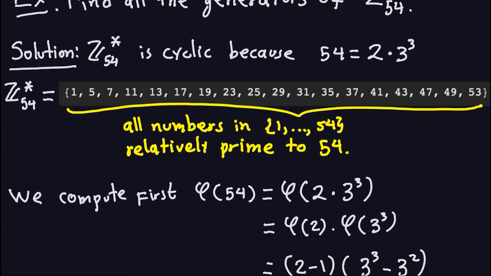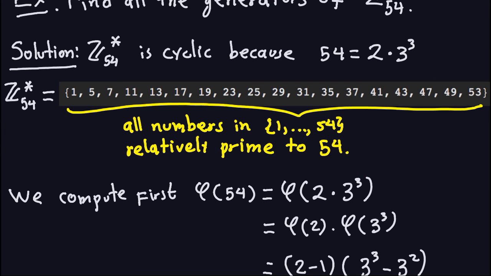So we're going to compute phi n, and in this case n is 54, so I'm going to have phi of 54. To compute phi n, which is the number of elements from 1 to 54 that are relatively prime to 54, I have to factor 54. We already factored it to check that the group is cyclic, which is 2 times 3 cubed.